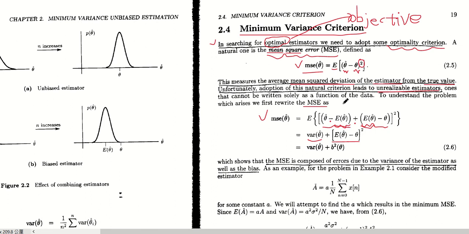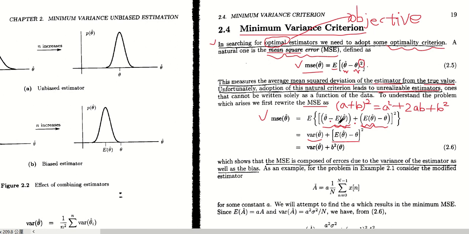Let's do it carefully. You have a plus b squared. This is a and this is b, and it equals a squared plus 2ab plus b squared.